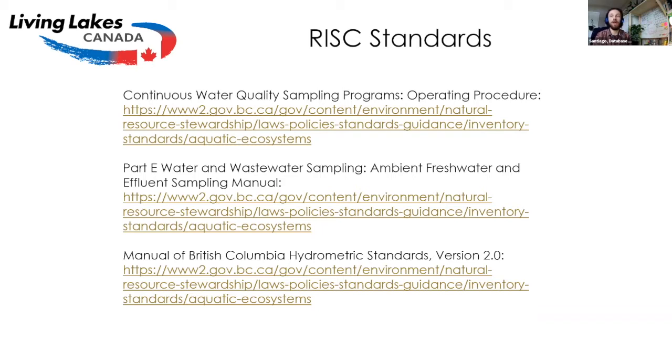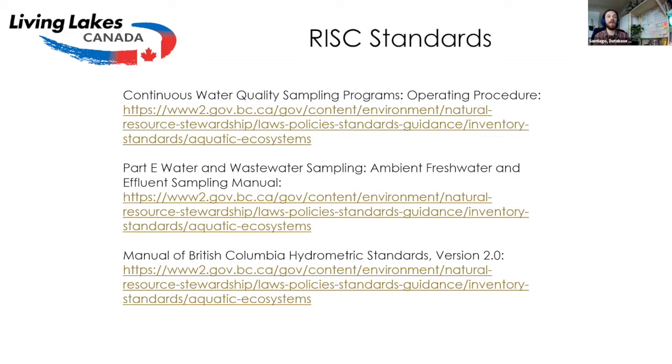This manual looks over everything for automated sampling, specifically how to carry out QA and QC protocols, all the metadata needed, how to collect samples for lakes, streams, and effluent waters, and basically everything to do with water data for automated processes, so using sensors, how to deploy them, and all that.